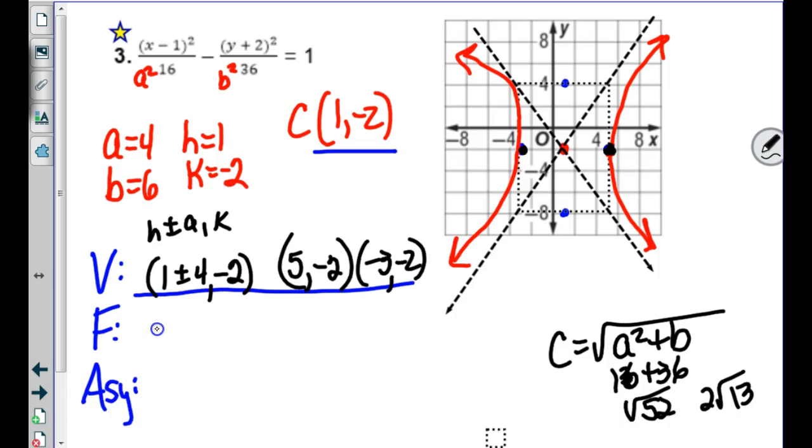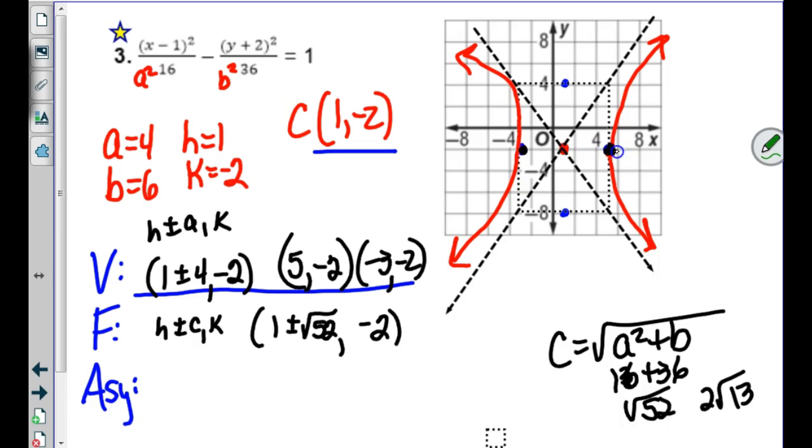So the foci are at, when it opens sideways, h plus or minus c comma k, which would be 1 plus or minus the square root of 52. I'm going to let you go with that. Comma, what's k? Yeah. So, guys, conceptually, anybody listening? The square root of 52 is how far you go from the center to the foci.